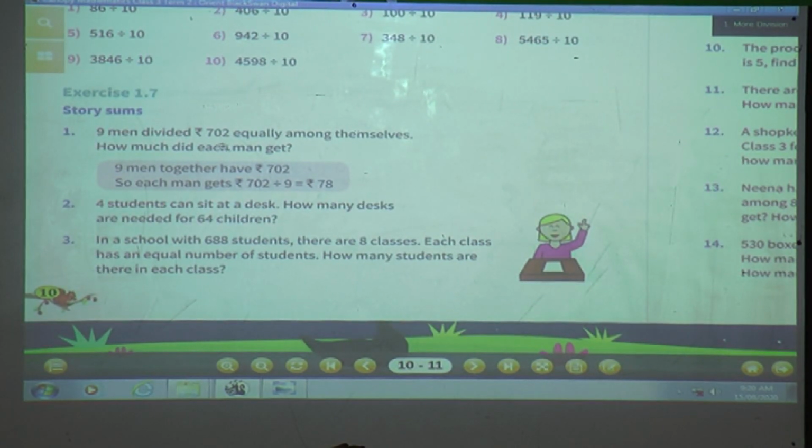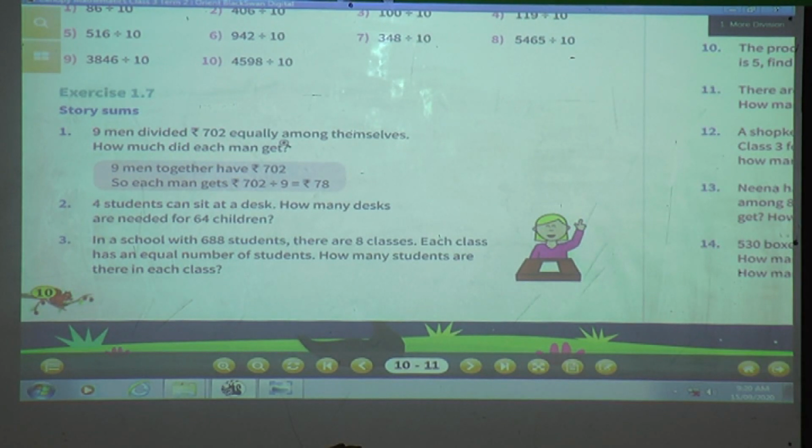9 men divided rupees 702 equally among themselves. How much did each man get? See, what is the question? 9 men divided rupees 702 equally among themselves. How much did each man get? See, what is given to us?